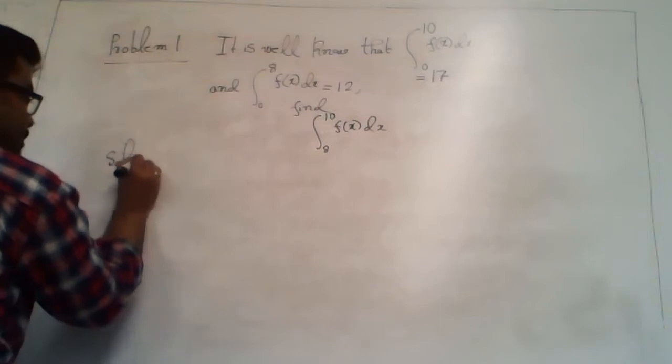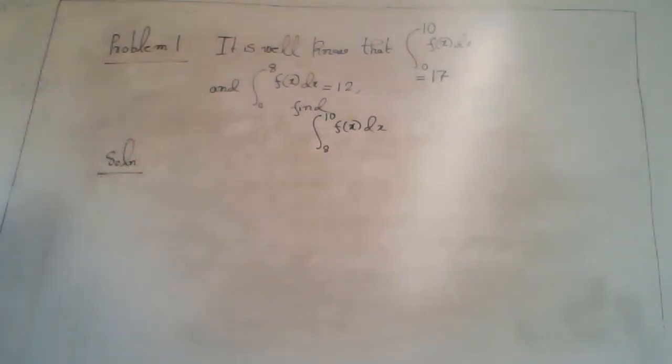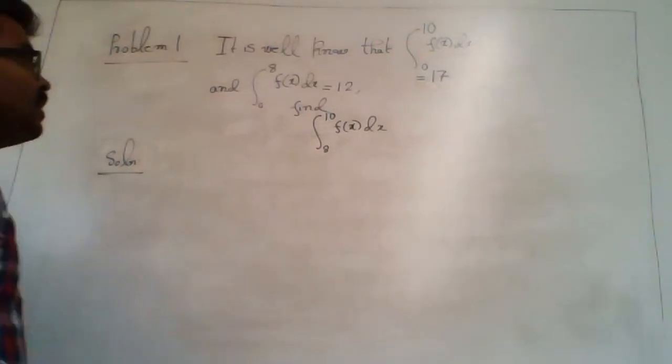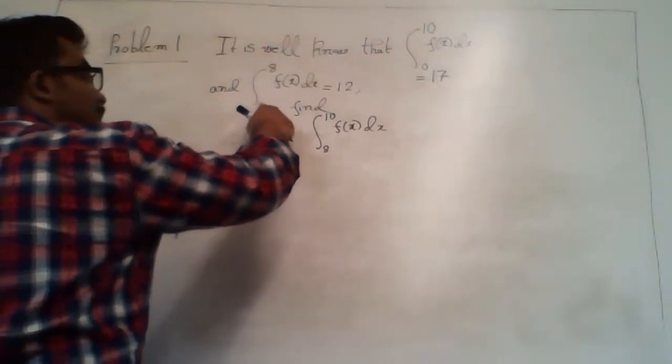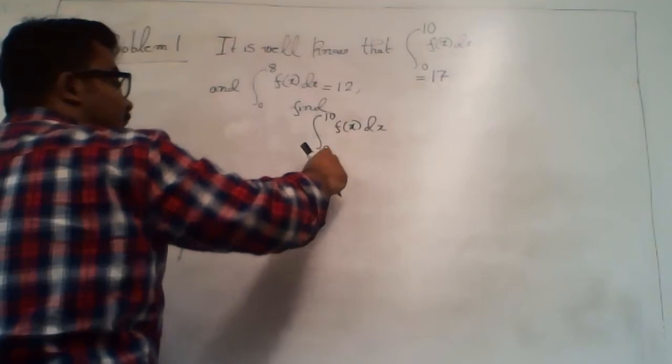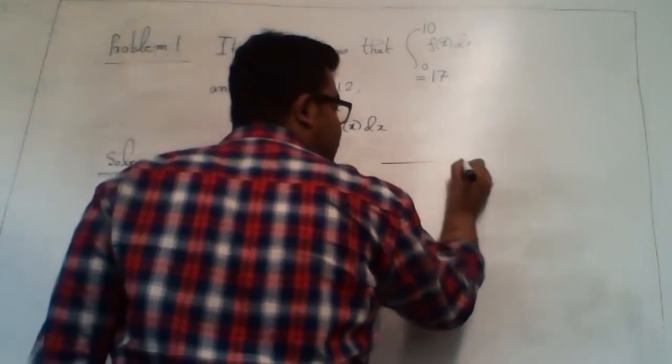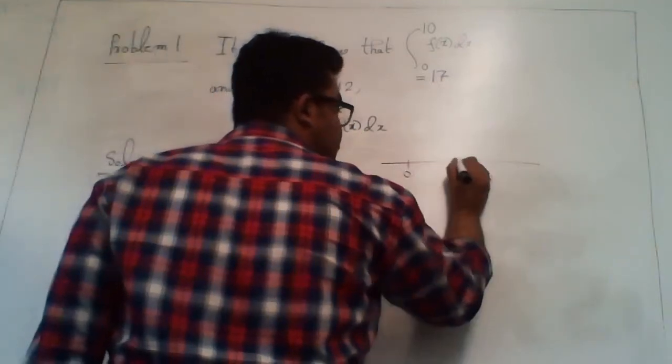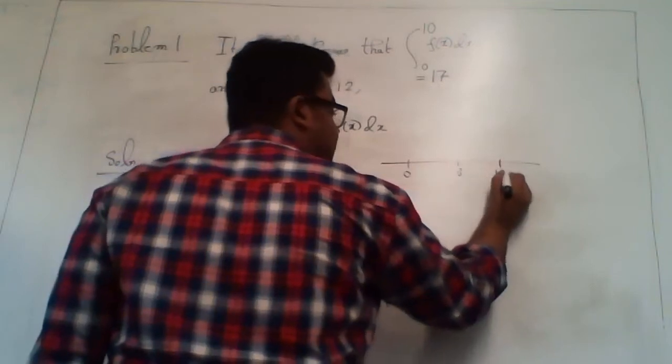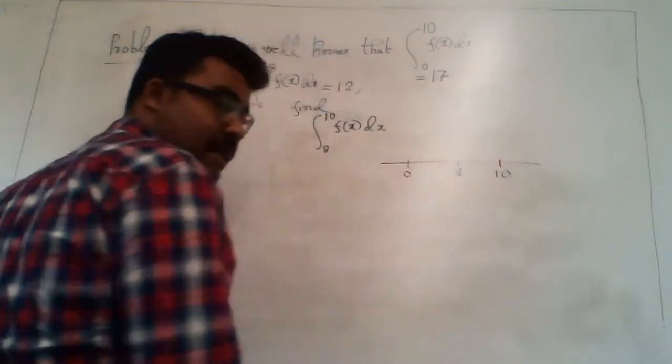So first, for doing this, observe that we will use property number 1. Observe that these three numbers 0, 8 and 10, if we put them on the number line, lie first 0, then 8, then 10. That is, 0 is less than 8 is less than 10.